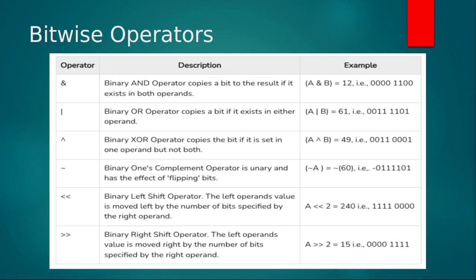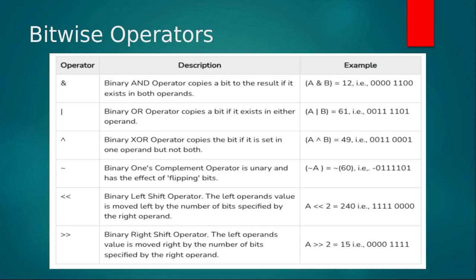The binary OR is similar to the logical OR. It checks each bit: if either bit is 1, it returns 1, and if no bit is 1, it returns 0. For the binary XOR, also known as exclusive OR, it checks both bits.